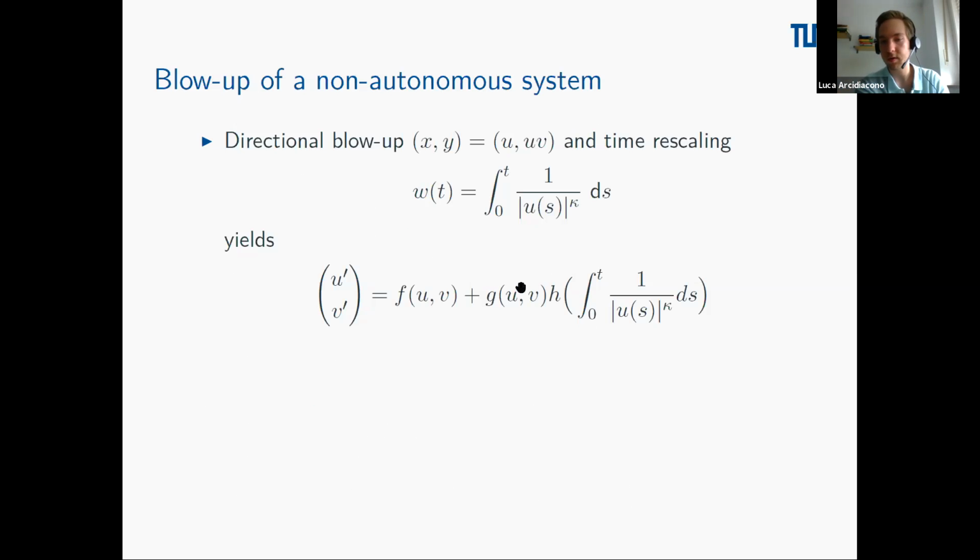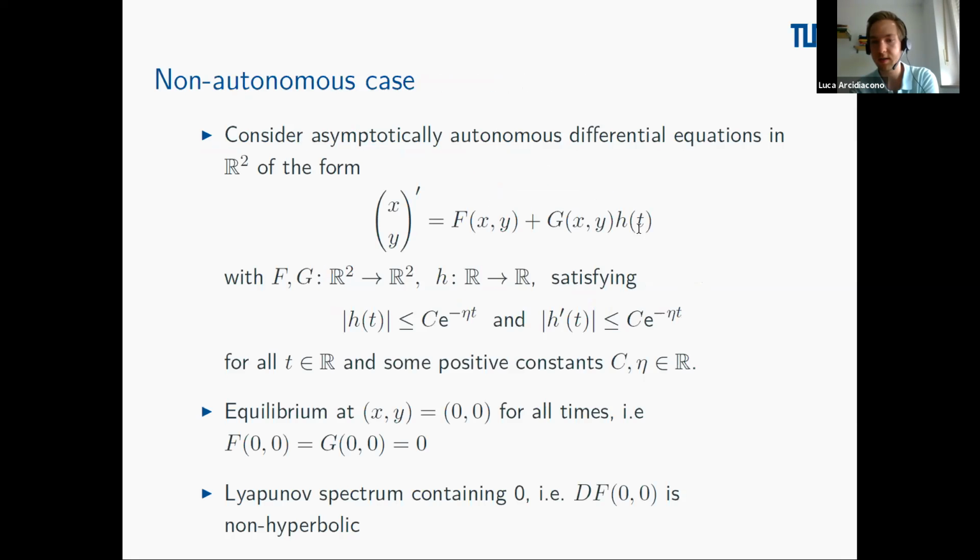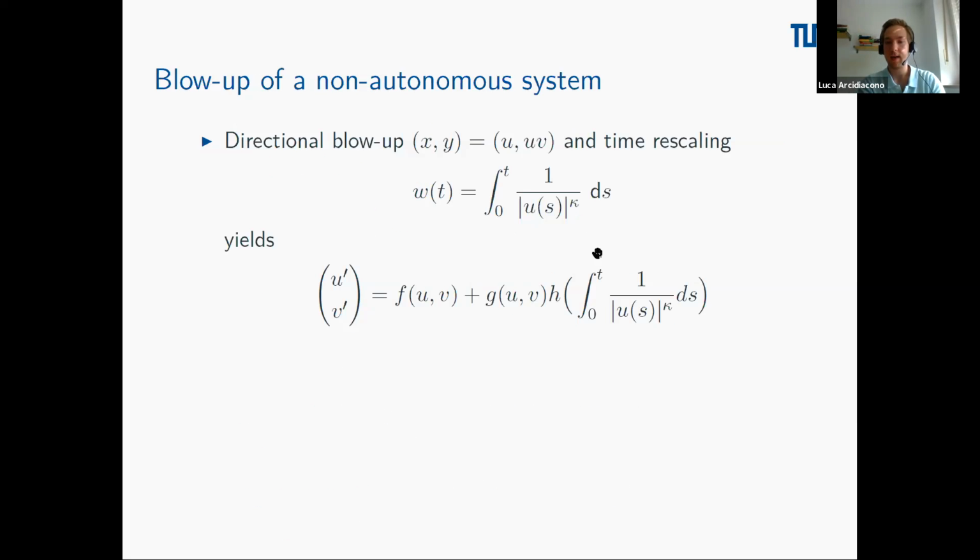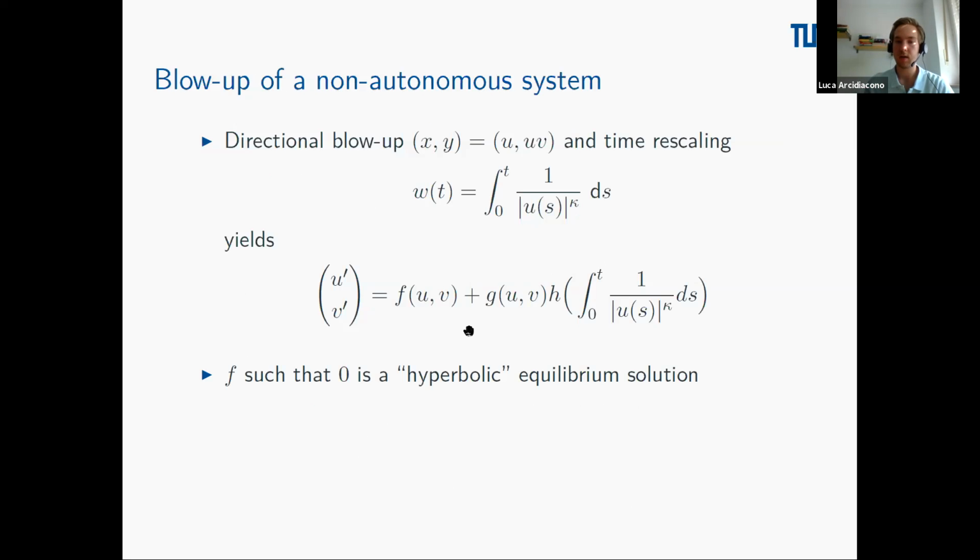The important thing is that our forcing h is now really different, because the time that was forcing the little h is now transformed using the complete time reparametrization, which depends on the trajectory. And the functions f and g should be chosen in such a way that, after this rescaling procedure, they are hyperbolic, meaning that the derivative of f is now a hyperbolic matrix.